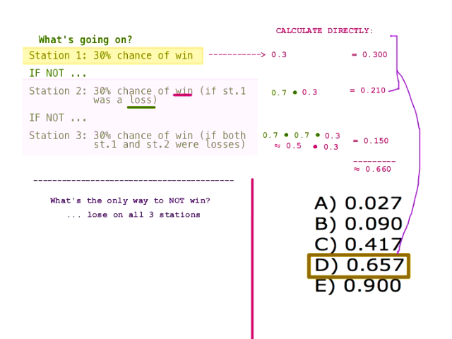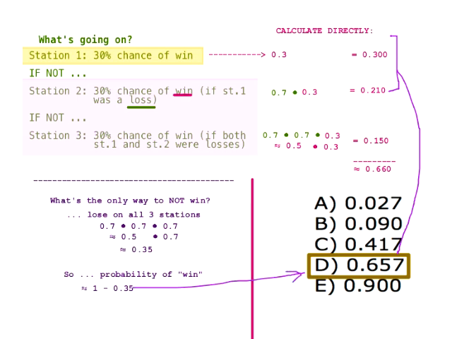So this is 0.7, 0.7, 0.7, which is approximately 0.5 times 0.7. So that's the only way to not win. So the probability of win is approximately 1 minus that. Neato. Good stuff.